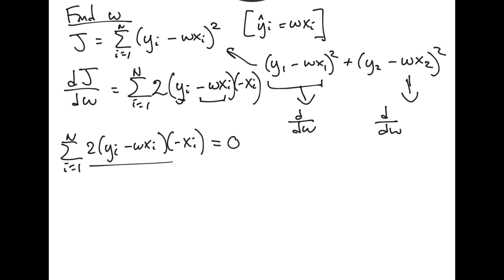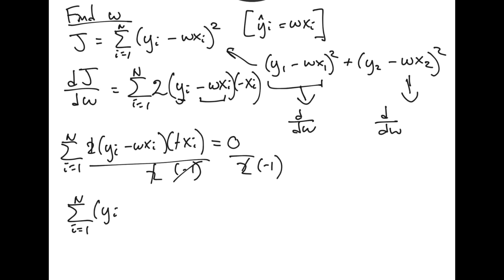If we divide everything by 2, the 2 goes away, and 0 divided by 2 is still 0. Then we divide by minus 1, so this goes away, and 0 divided by minus 1 is still 0. So we can rewrite this a bit more simply as the sum from i going from 1 up to n of (y sub i minus w x sub i) times x sub i equals 0.